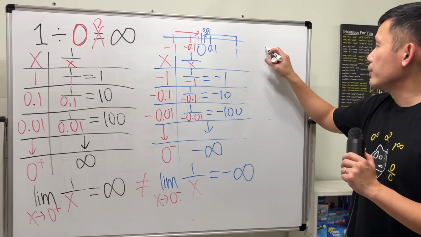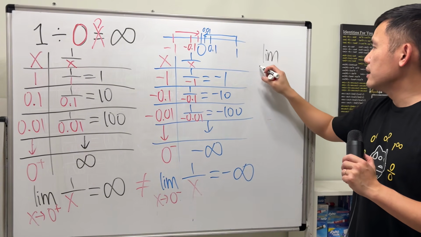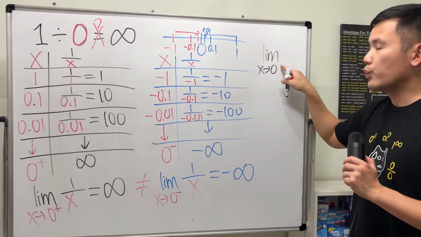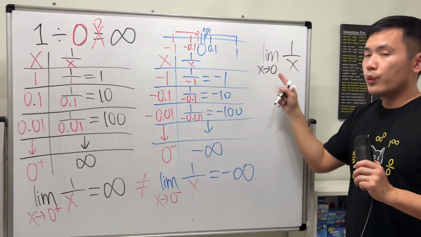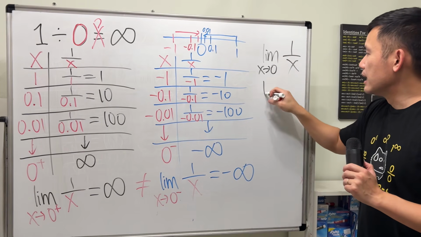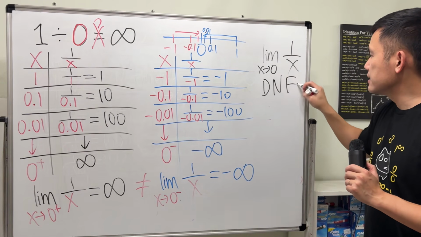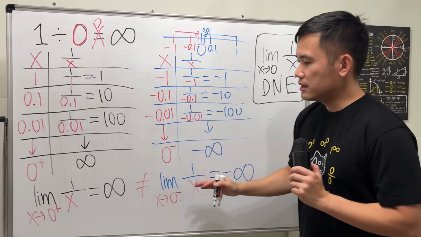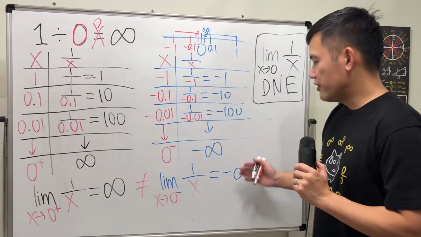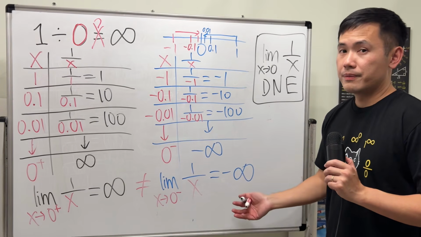Therefore, if you look at the limit as x approaching 0 without plus or minus of 1/x here, we are going to answer this as does not exist, DNE. There's no limit because the right limit and the left limit do not agree.